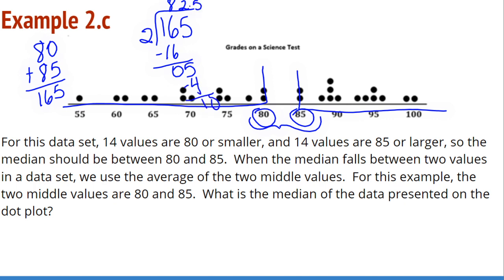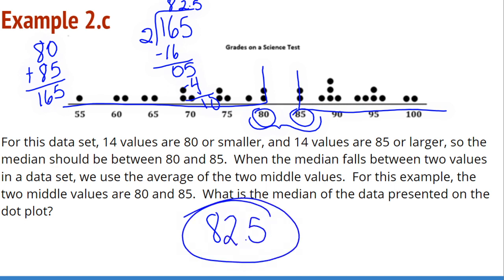And I'm going to come up with 82 and a half. And of course you can use a calculator for that. I did it out longhand, but go ahead, use a calculator. So the median of this data set is going to be 82 and a half, exactly halfway between 80 and 85.